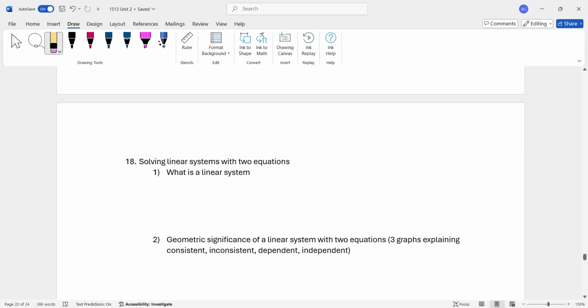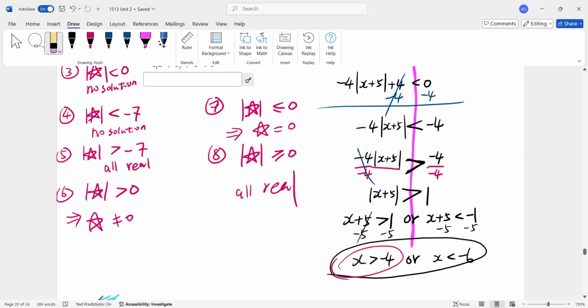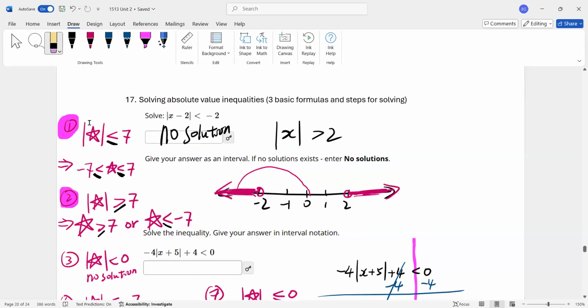It's pretty challenging. But absolute value equations or inequalities are doable. You just need to grasp the formulas or rules I gave you here. Hope you are taking notes, understanding, and memorizing those things.